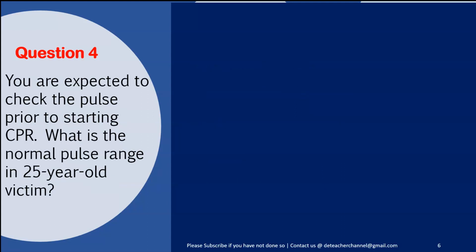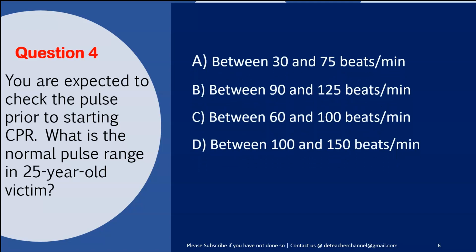You are expected to check the pulse prior to starting CPR. What is the normal pulse range in a 25-year-old victim? A, between 30 and 75 beats per minute.